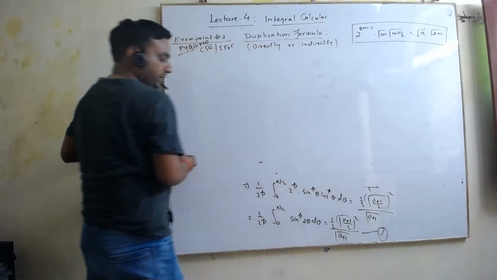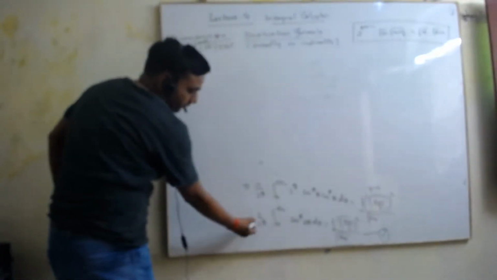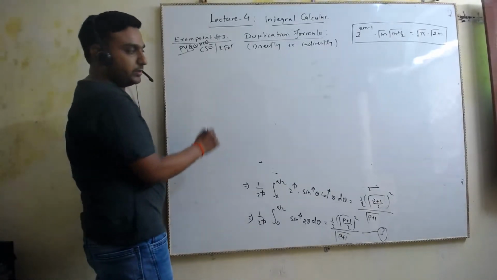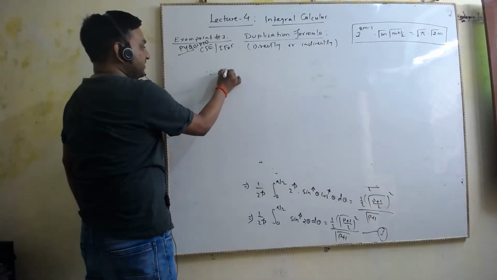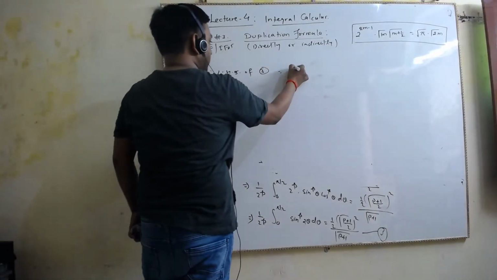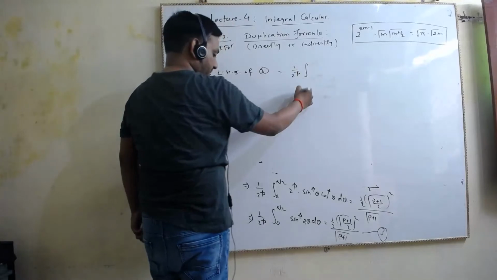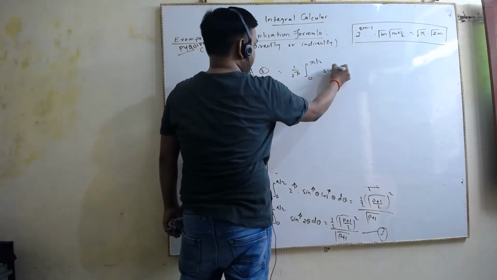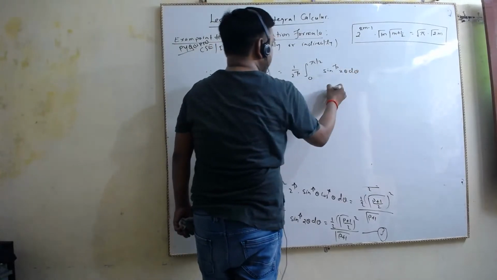Okay, now see, I want to solve this integration, this left hand side. Since LHS of 3 is 1 upon 2 raised to the power p, theta going from 0 to pi by 2, sine to the power p 2 theta d theta.